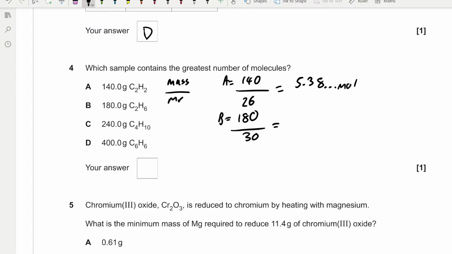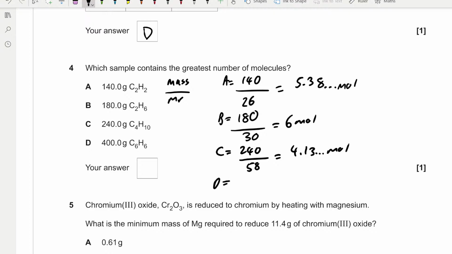Which gives us 6 moles. C is 240 over 58, which gives us 4.13 moles.